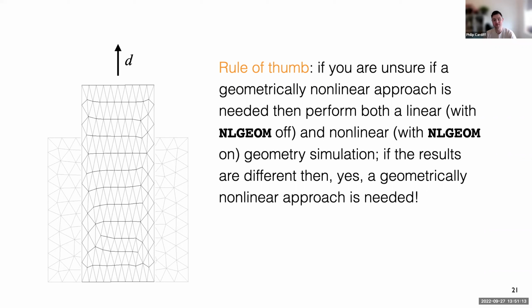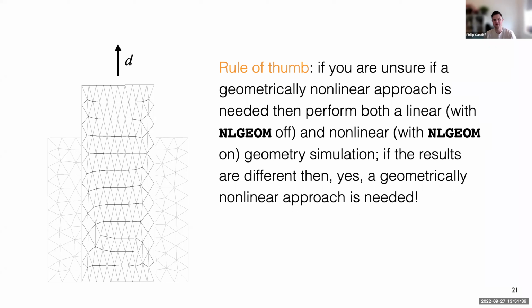If the results are different, then yes, you need a geometrically nonlinear approach, and you have to use it with it turned on. If they're not that different, then it's okay to use nlgeom off. And why would you do that? Well, it'll be faster to run. By making this simplifying assumption, it doesn't have to do iterations, so it'll be faster to run, and that's why it's the default.